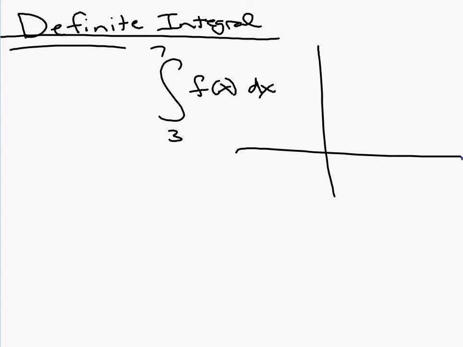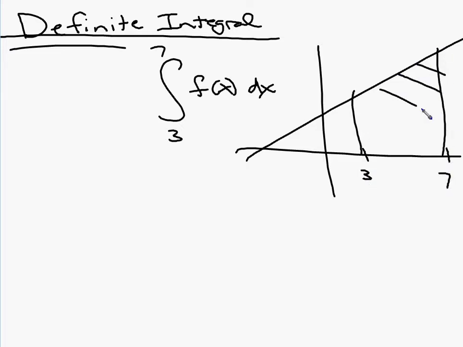We've been doing a lot of linears. Maybe it's a linear like that. And if I want to do the integral of that, I go from 3 to 7, all the stuff we've been doing this week, and I calculate that using an area. That is a definite integral, all right, because it has limits of integration.